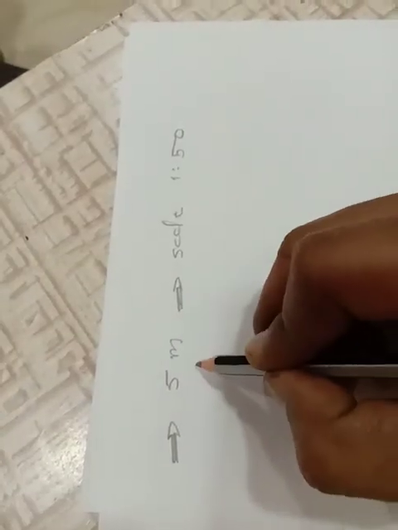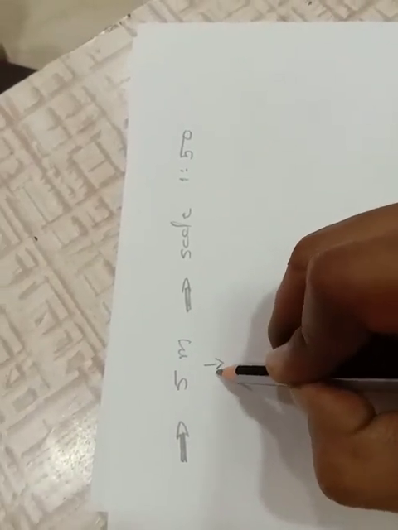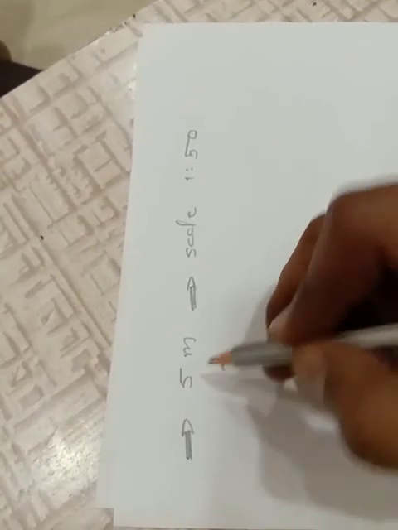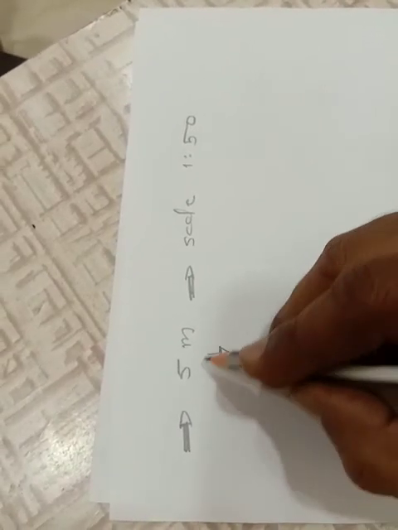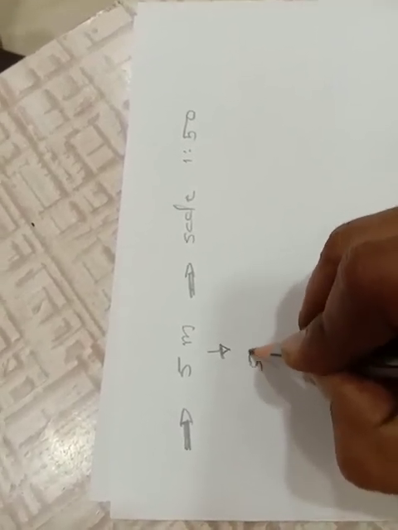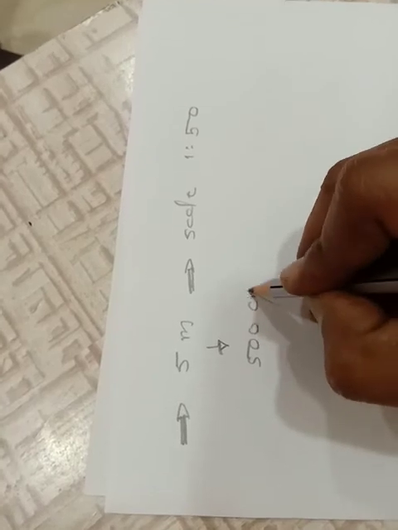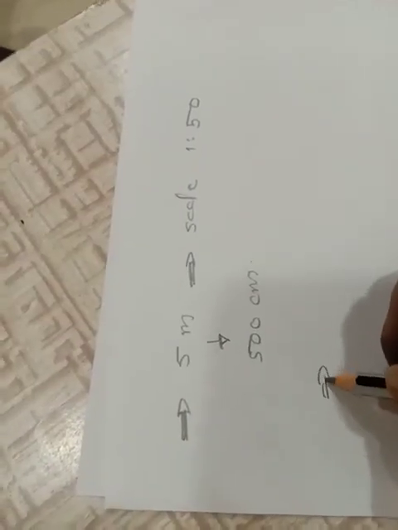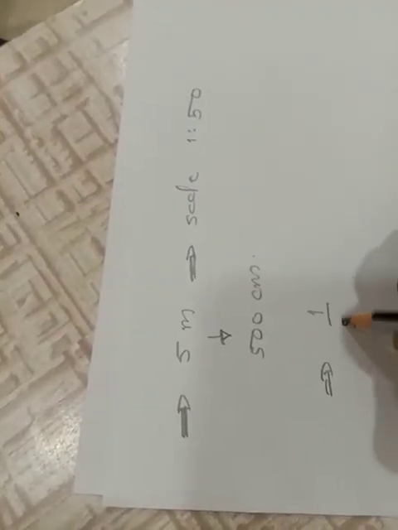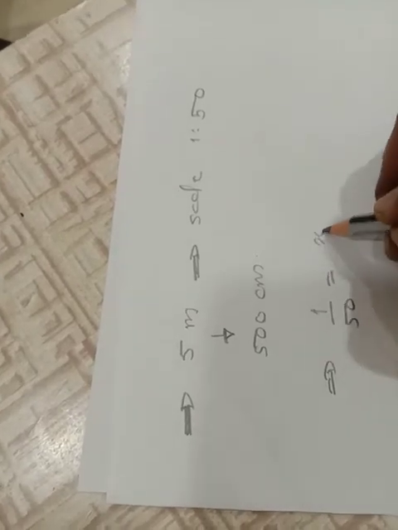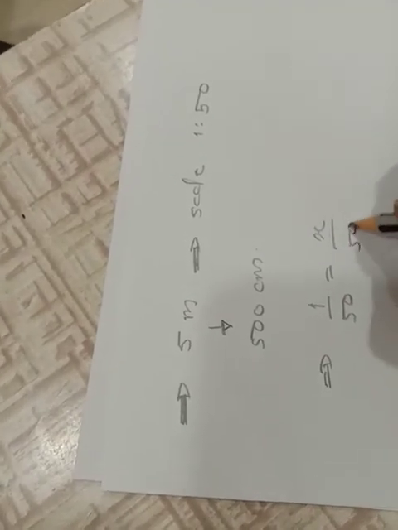Okay, now you have to convert 5 meters into centimeters. This will be 500 centimeters. Okay, then we will write 1/50 is equal to x upon 500.